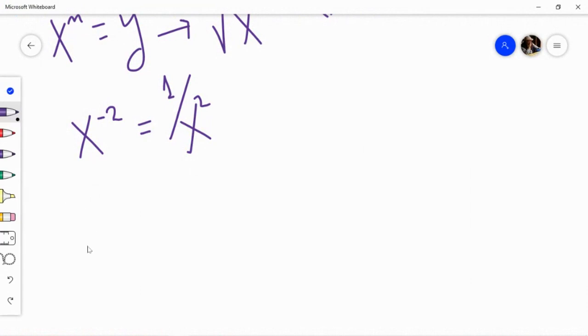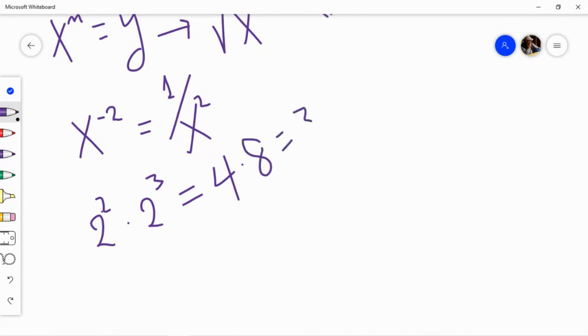Now think about it. 2 squared times 2 to the third power. What's it going to be? 2 squared is 4, 2 cubed is 8. Then it's 32. What is 32? 32 is 2 to the 5th power, isn't it right?